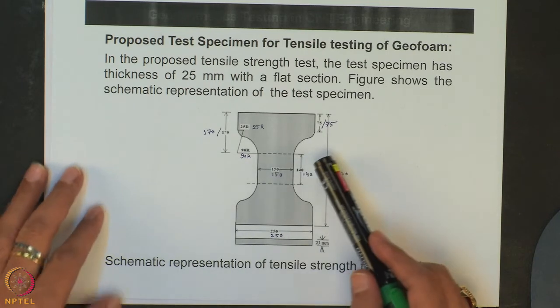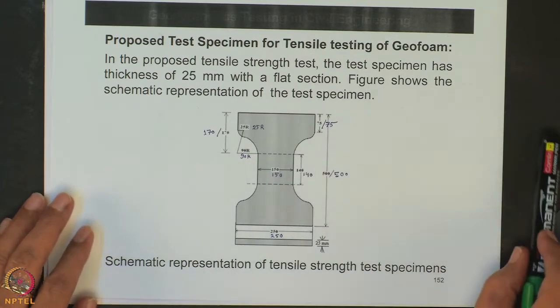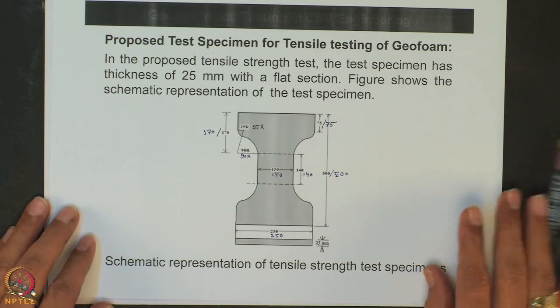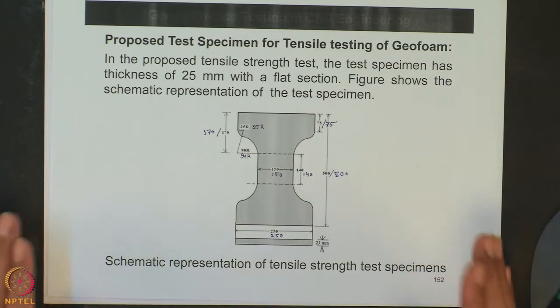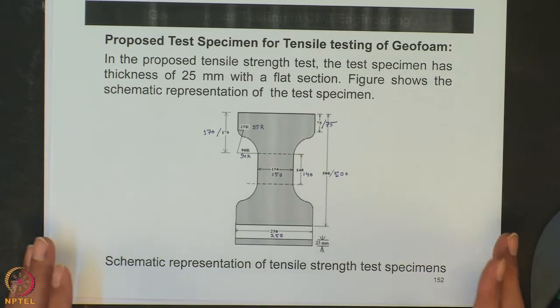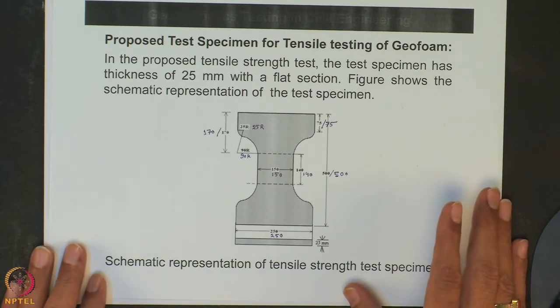So, this is the schematic representation of the proposed tensile testing specimen. The shape of the EPS geofoam sample is like this, and its thickness is also 25 millimeter.